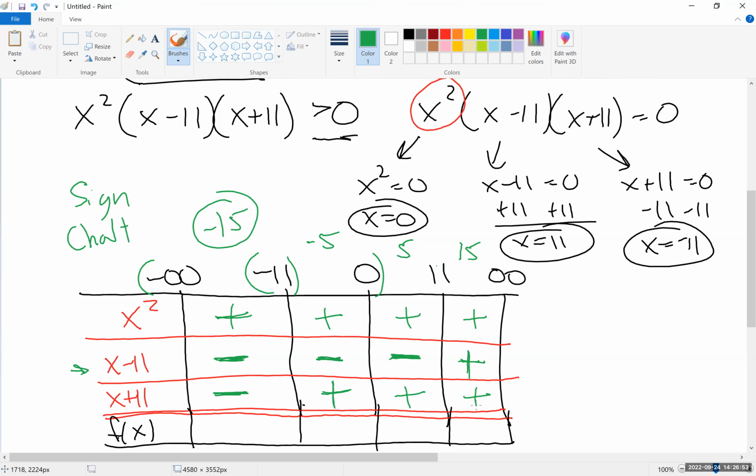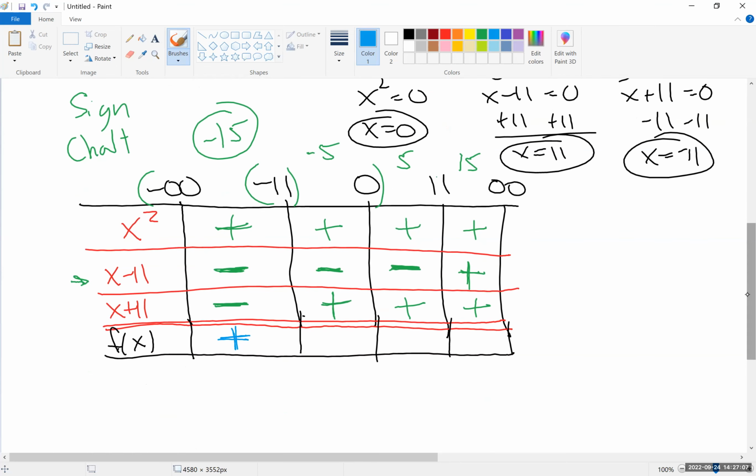Okay, the main thing we're interested in, though, is this very end. How do you get the end? By multiplying. If you multiply a positive by 2 negatives, you get a positive. So for this bottom part, if you have an odd number of negative signs, it's going to be negative.